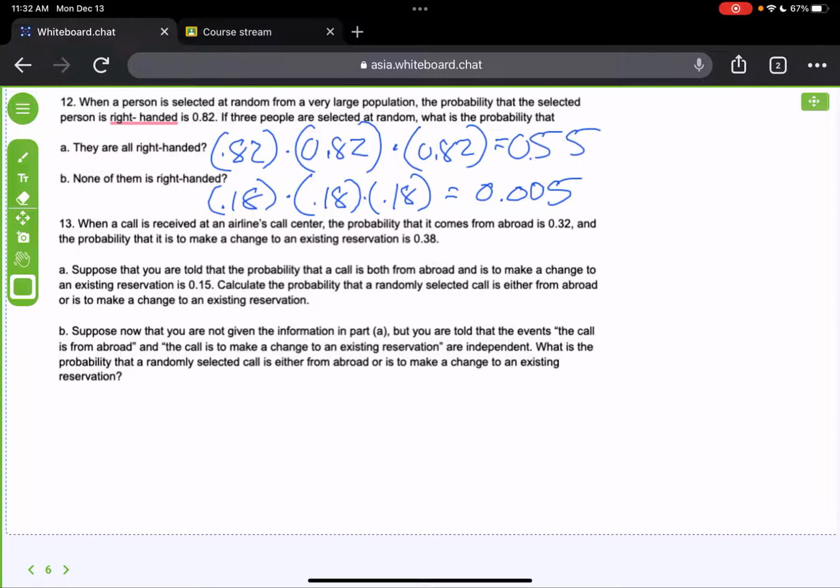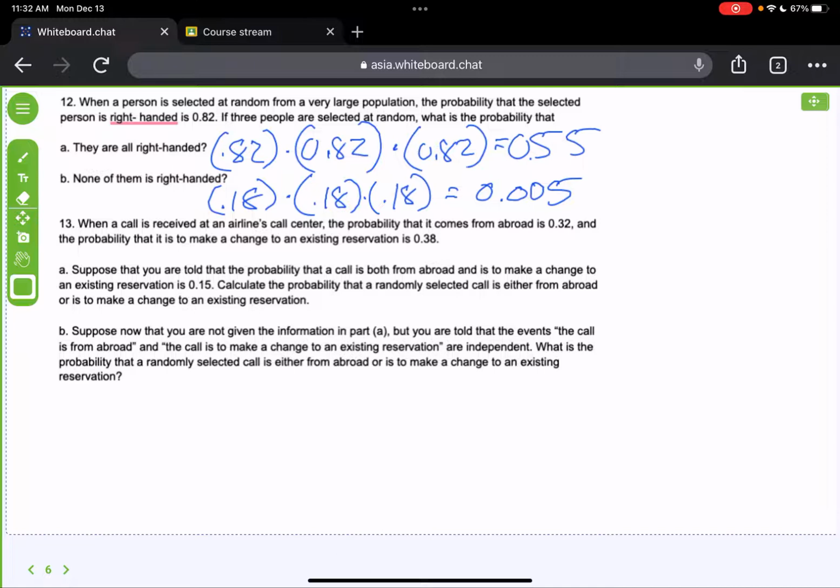Okay. Number 13, when a call is received at an airline call center, the probability that it comes from abroad is 0.32, and the probability that it is to make a change to an existing reservation is 0.38. Suppose that you are told that the probability that a call is both from abroad and to change is 0.15. Calculate the probability that a randomly selected call is either from abroad or is to make a change to an existing reservation.